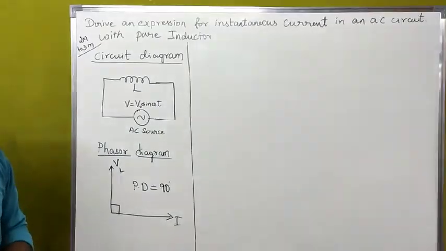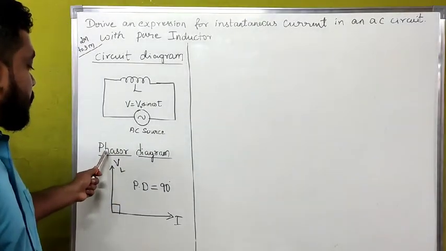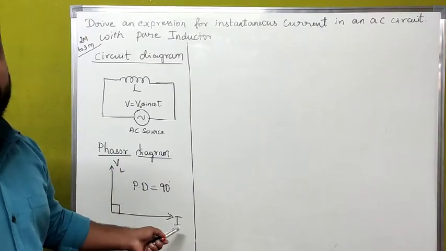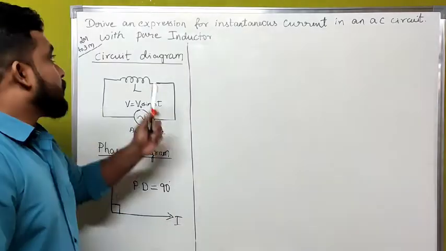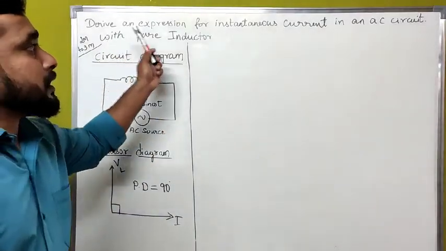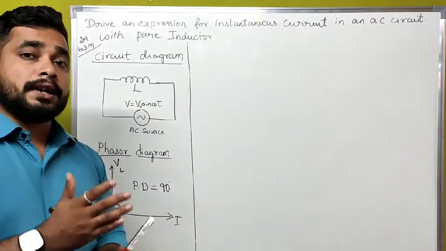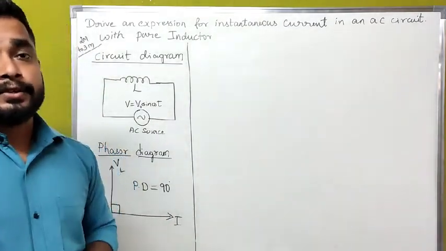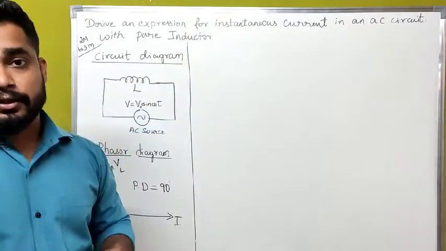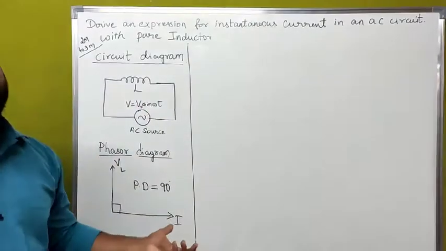Or we may call this also like this: voltage leads current by a phase of 90 degrees. In your examination, they may also ask a question like this: show that voltage leads current by 90 degree phase with a pure inductor. If they ask like that, you have to derive the same thing.